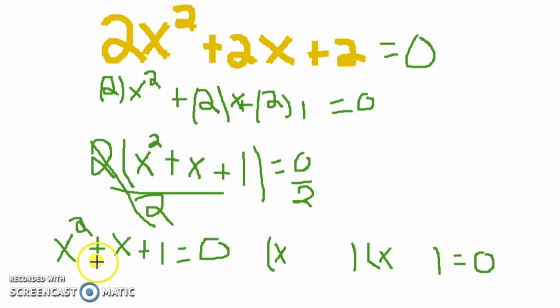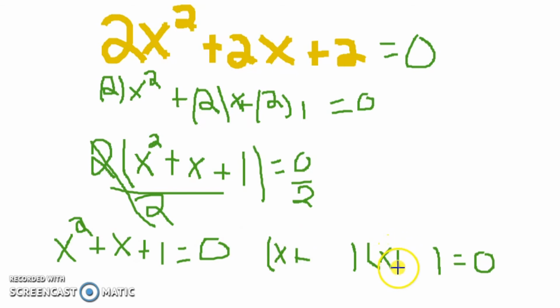So when the sign is positive, we have the same sign in both sets of parentheses. And now we check our middle term. And this is also positive. So that's telling us if we're going to be using the factoring method, that we need to have pluses in both parentheses. And the only way to get 1 is multiplying it by itself, 1 by 1.